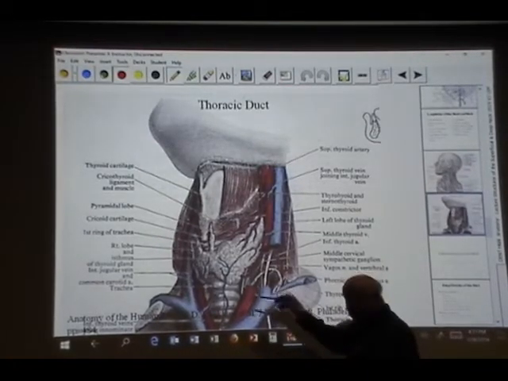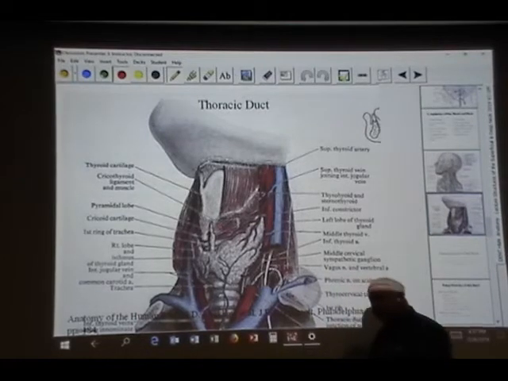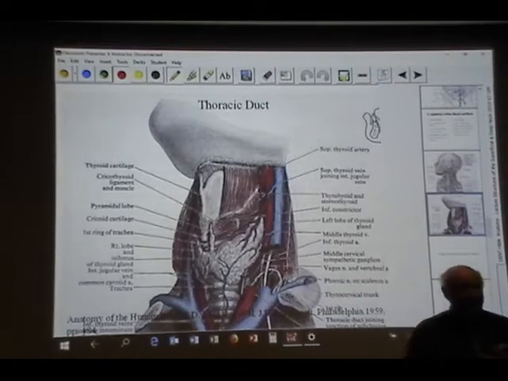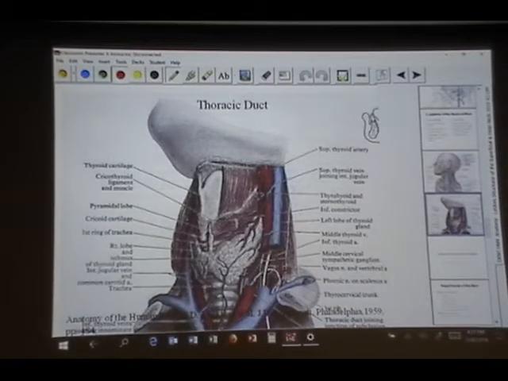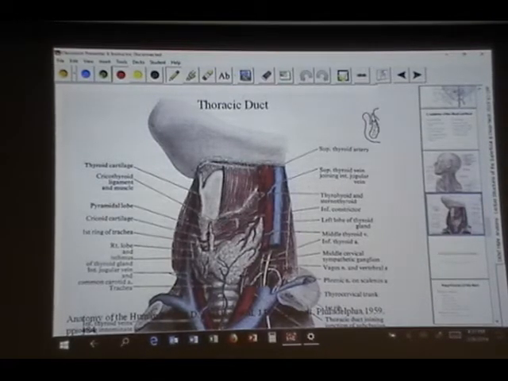On the right side, they did not think there was a right lymphatic duct for over 200 years, until a group said this can't be right, and they started looking and found a tiny thin duct only in the upper part of the body, only associated with the right side of the head and neck, that drained into the right brachiocephalic. Kind of interesting.